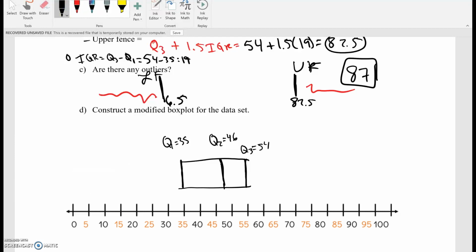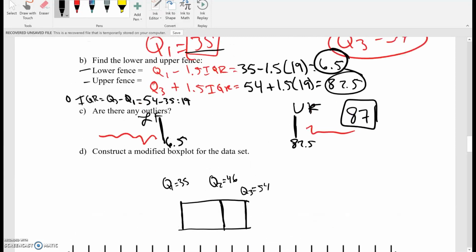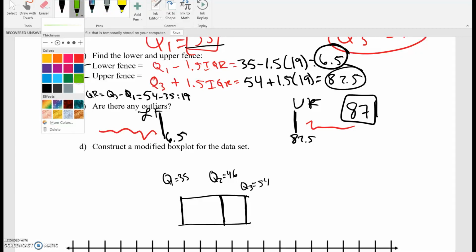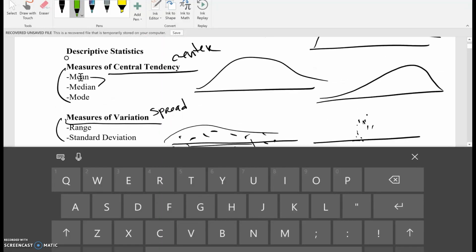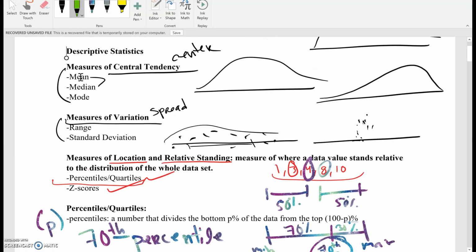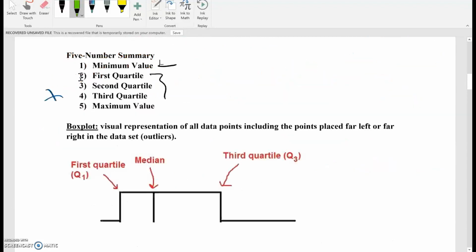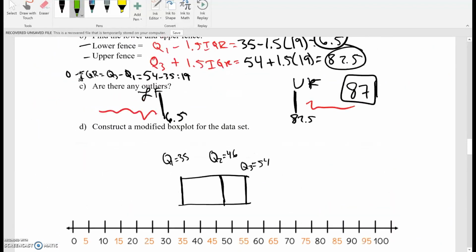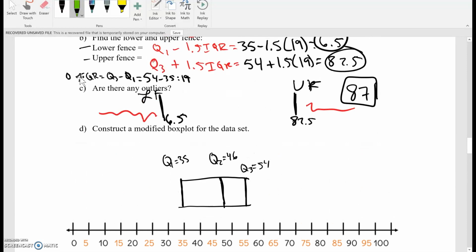Okay, so now the next thing that I want to do, I want to go ahead and draw my hinges. But before I do that, I'm going to go ahead and draw my upper and lower fence. Now, this is usually not drawn, but it will be helpful when you're trying to do the drawing. So my lower fence is going to be about 6.5.